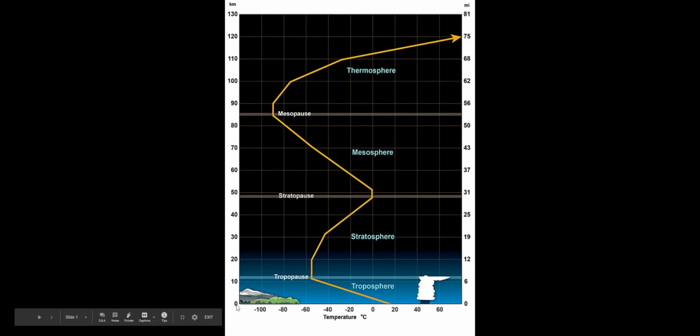So distance above sea level, 10 kilometers, 20 kilometers, 0 miles, 6 miles, 12 miles. As you move up, you're going through the atmosphere. Well, this axis is showing us temperature. So this graph is showing us distance above sea level and the temperature. So temperature compared to distance, right?